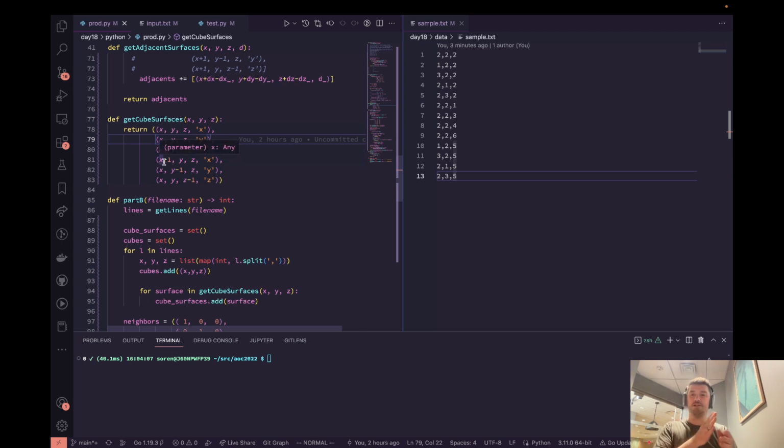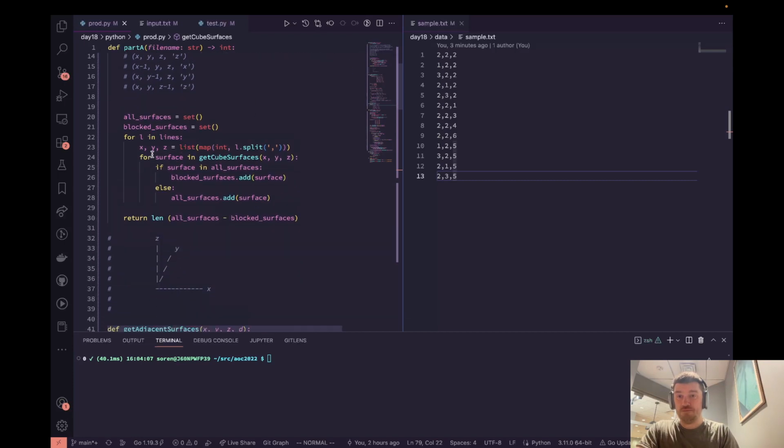To get the surface that's opposite X, we take X minus 1, Y, Z, as that is the coordinates of the adjacent cube, and its X surface is then the same as our original one's opposite X. I hope that makes a little bit of sense. But that's what this function does. It takes the input and the input surface, and returns the identifier for all the surfaces of the cube.